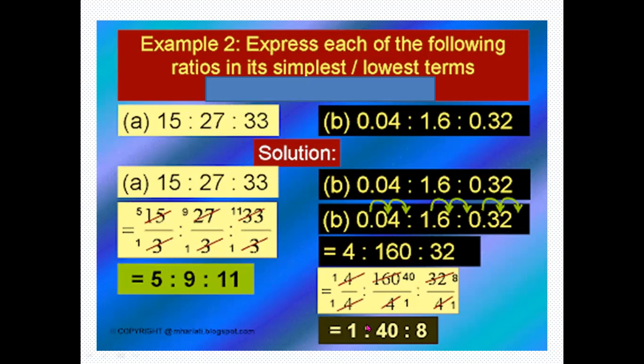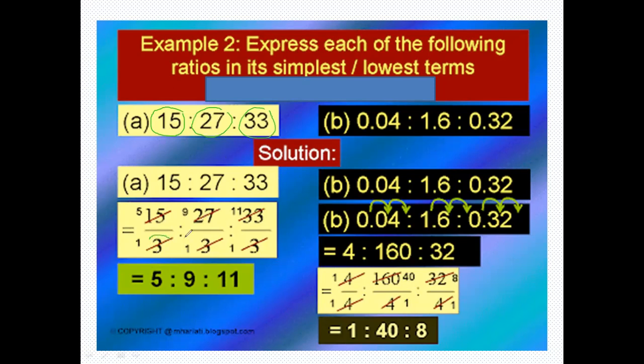We have these whole numbers: 15:27:33, sorry. All right? As you can see, these three numbers are divisible by 3.